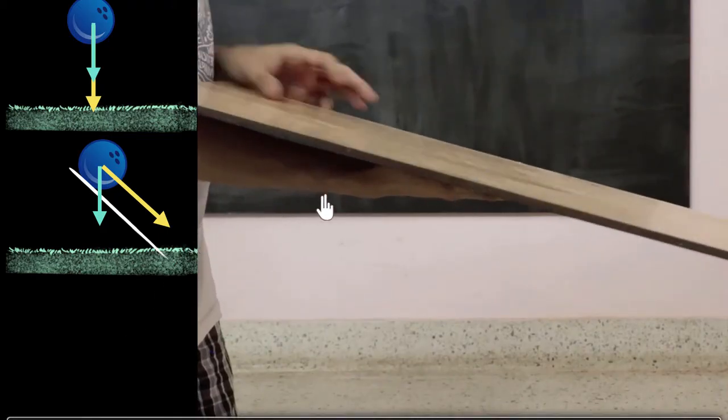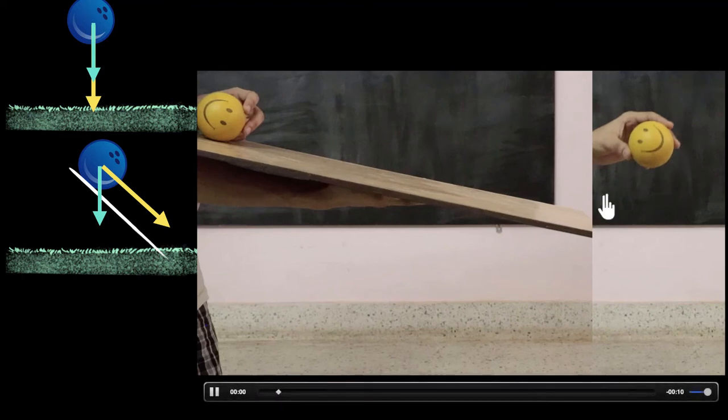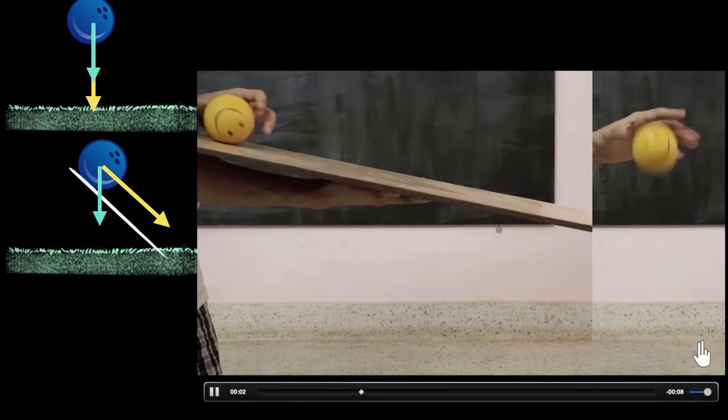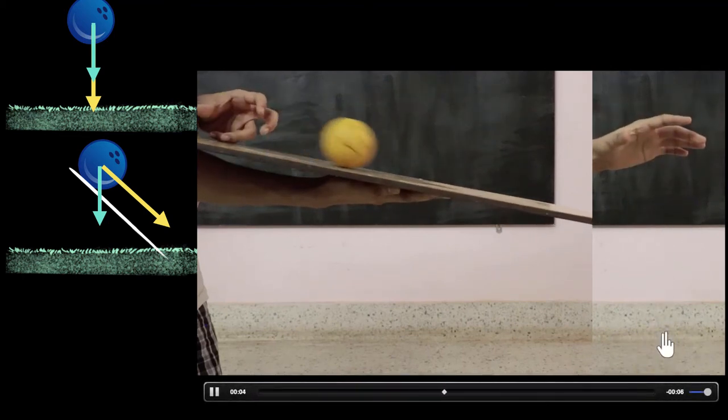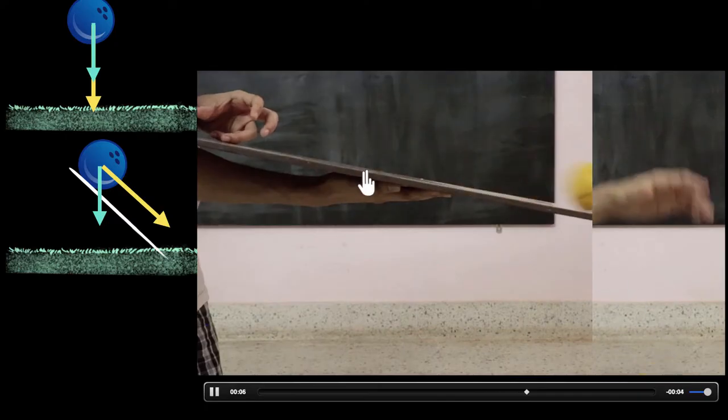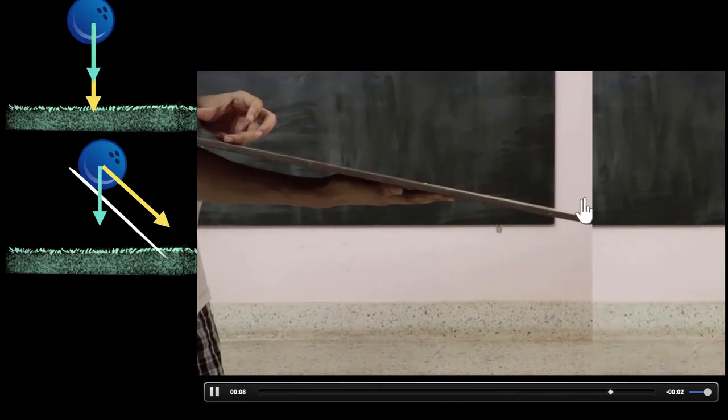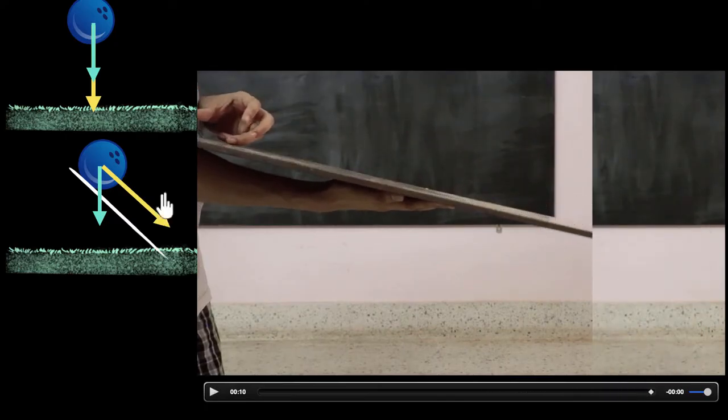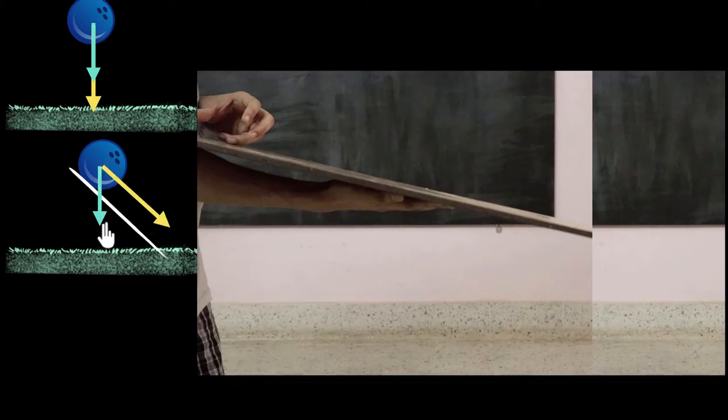Again, to see it clearly, let's do a comparison side by side in slow motion, and you can see immediately the ball here accelerates down, but over here, notice it's so much slower. So the ball accelerates much slower here compared to this. So what can we conclude from this? Because the acceleration is slower, we could say the effect of gravity felt by this ball must be less, right?